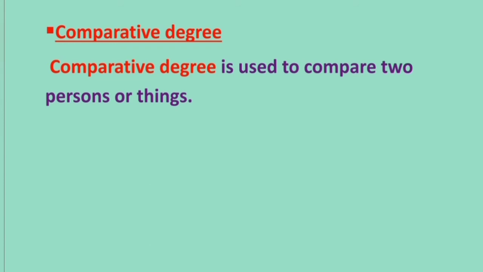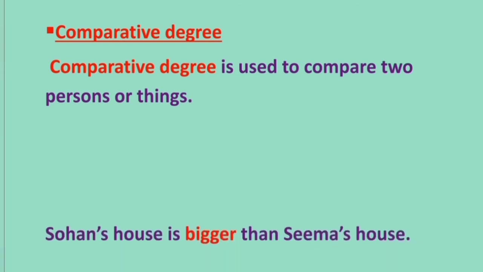It means in the earlier sentence there were no other persons, only one thing was there, and that was a statement. But in comparative degree we compare two persons or things or two groups. Let us take an example. Sohan's house is bigger than Seema's house. You can see.